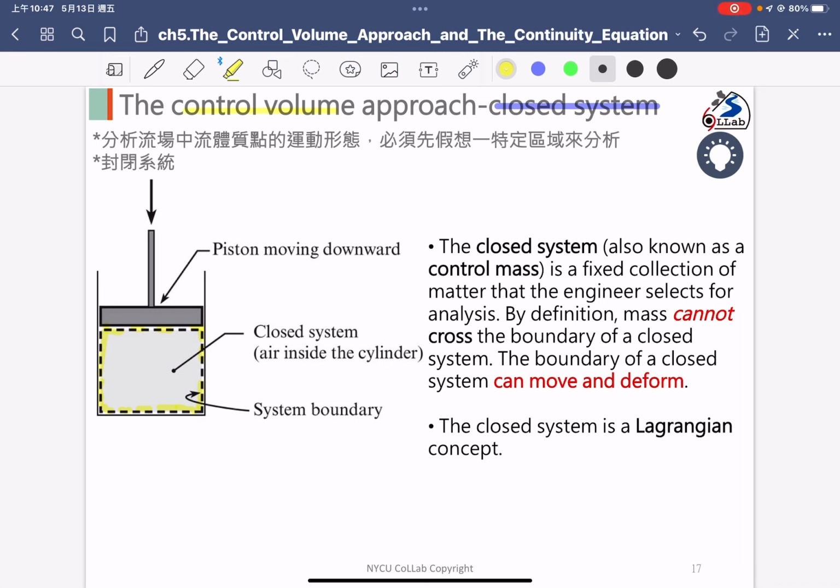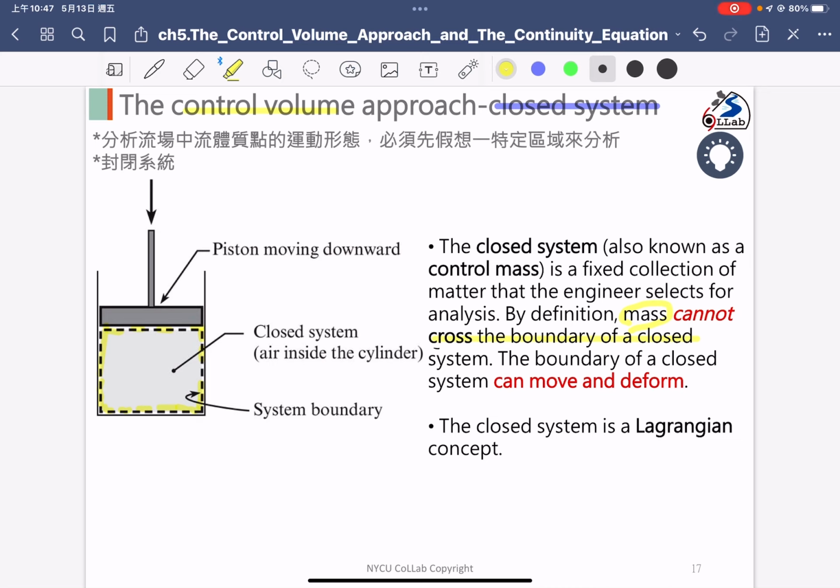Because this is a closed system, any physical property cannot cross the boundary. For example, mass cannot be exchanged across the boundary. That's why we call it a closed system.